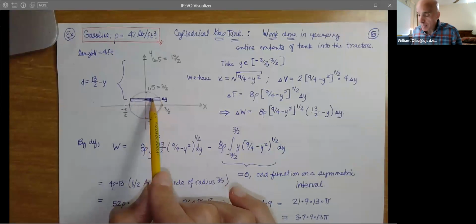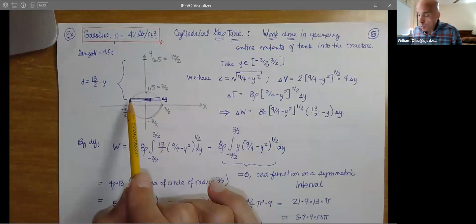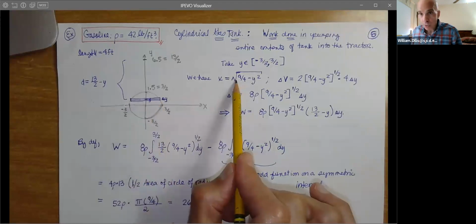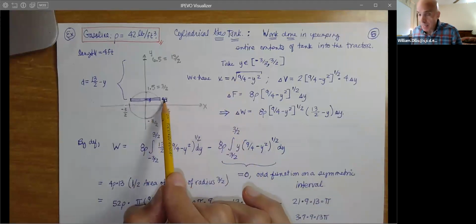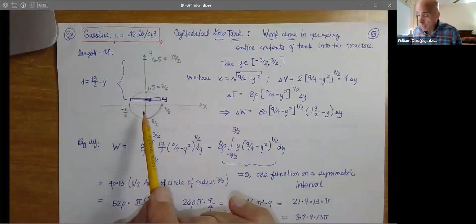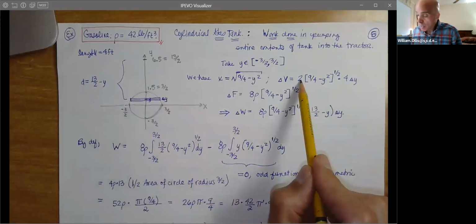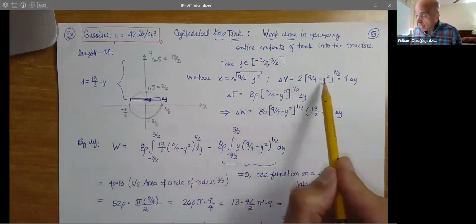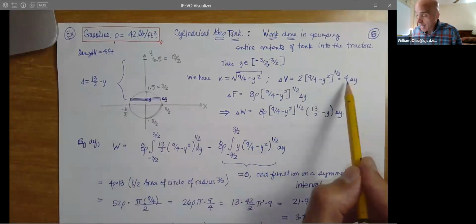Well, remember, just like in the cross-section problems, we have to go all the way across, so we're going to get twice the radical. And then we have the width, delta y, and then we have the length of the tank, which is 4 feet. So we get 2 times the radical times delta y times the length.